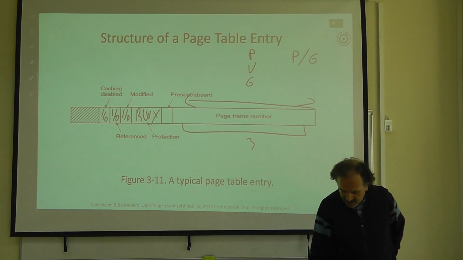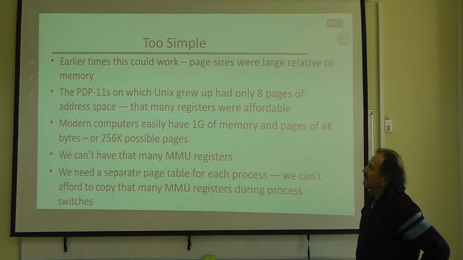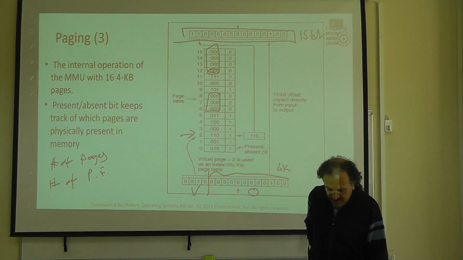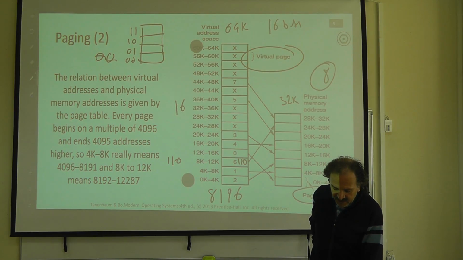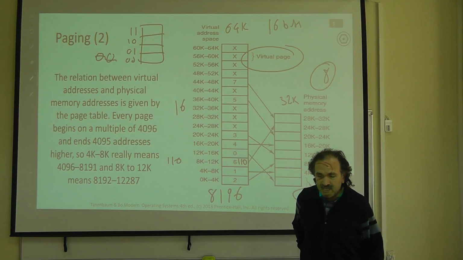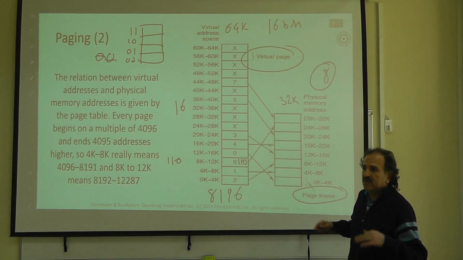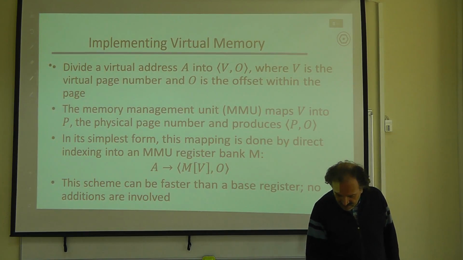This is the structure of the page table entry. The thing is that this approach is so simple, because remember what we said: our virtual memory is 64 Ks, and our physical memory is 32 Ks. These are like toy numbers, right? Nobody has a computer of 64K anymore. Maybe 30 years ago these were realistic numbers, but nowadays the numbers are very large.